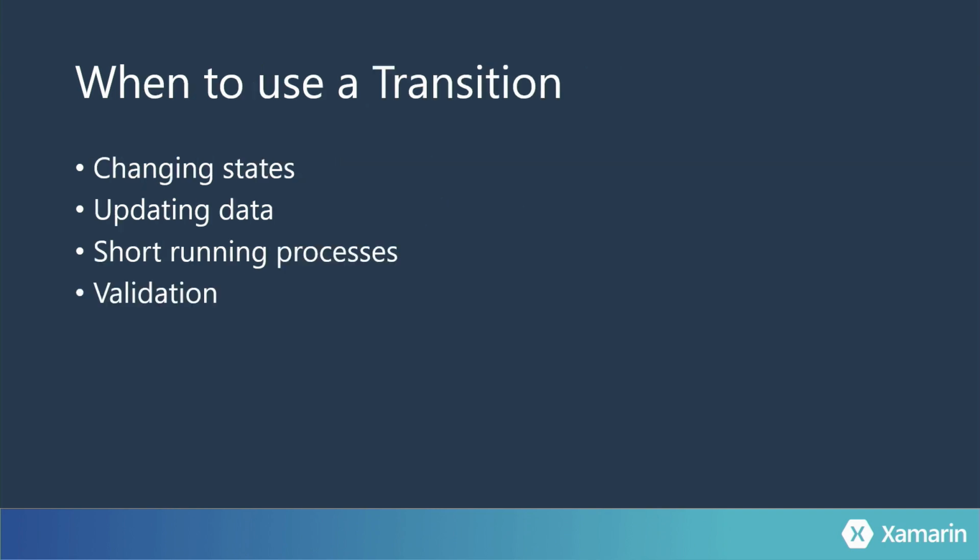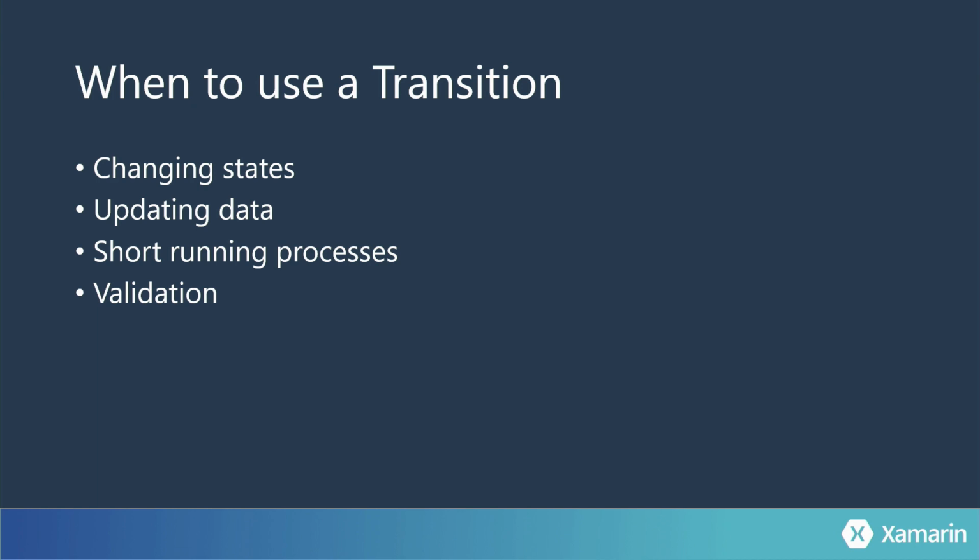So when should you use it? I think when changing state is a great time. Updating the data. Let people know something's happening, but don't give them a blank screen. Never give them a blank screen. If you're going to have an empty view, Collection View supports an empty view as a template, so that's awesome. List View didn't have that.